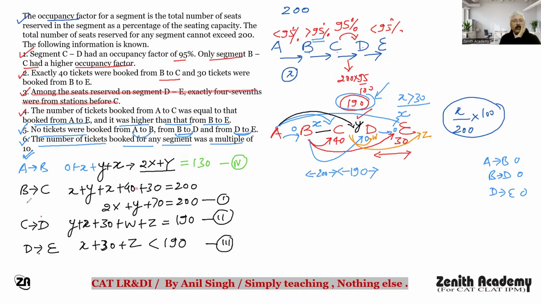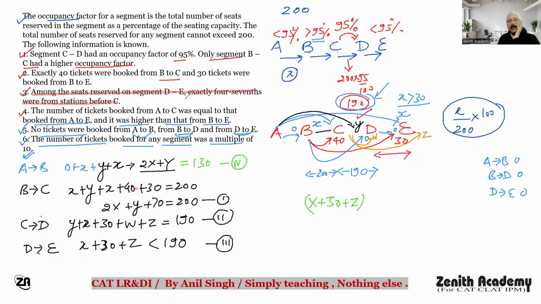And now one point number 3 which we have underlined, इसको देखते हैं. Among the seat reserved on segment D to E, D to E कितनी रिजर्व हुई थी, x plus 30 plus z.